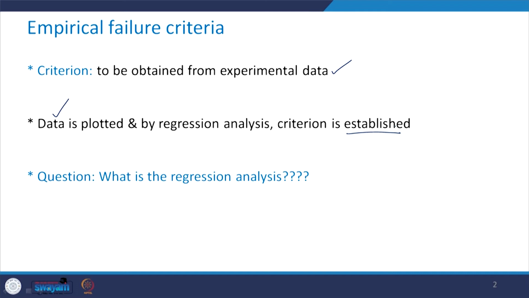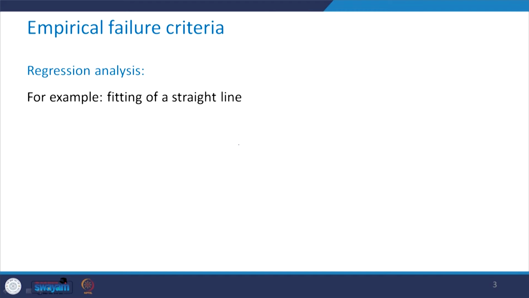The question in front of us is, what is this regression analysis? Let us have a look with the help of a simple example of fitting a straight line between y and x with the help of some experimental data. Please see here that I have x on the x axis and y on the y axis.